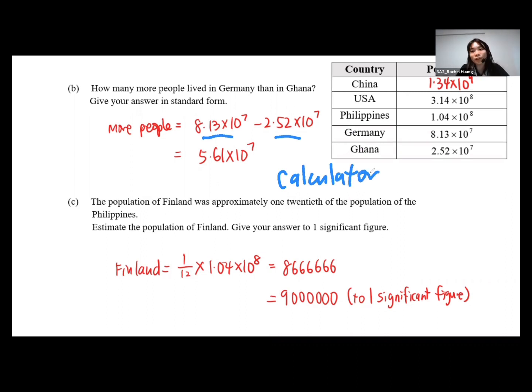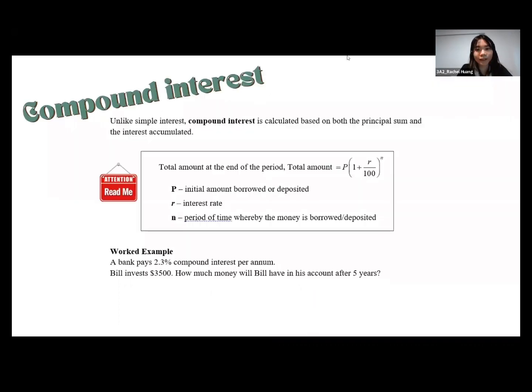And then when you minus off in the calculator, you will get a very big number such as 561,000,000. If I get this number, how am I supposed to convert it into standard form? What you want to do is do the jumping 1, 2, 3, 4, 5, 6, 7, and then you stop here and you will put it in standard form because the question asks you to answer in standard form.